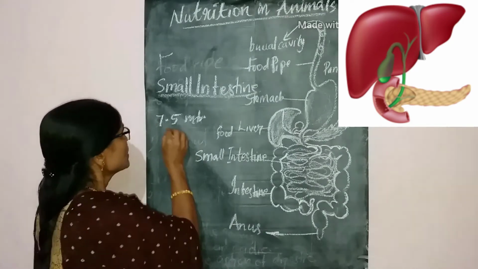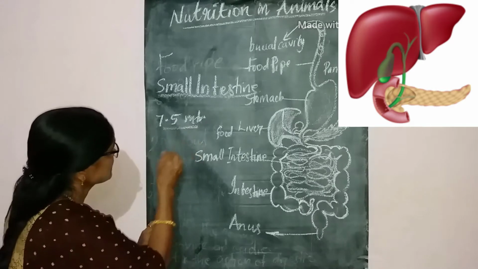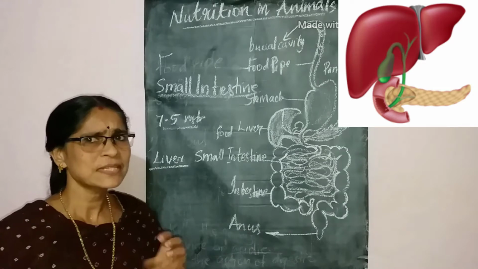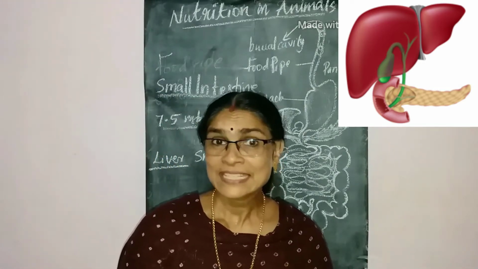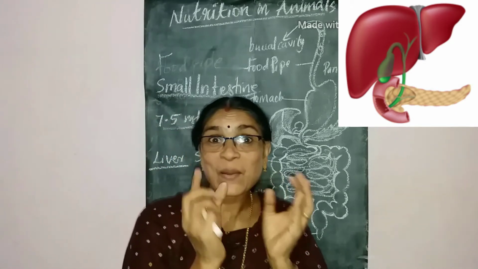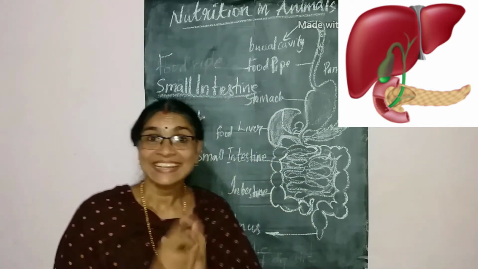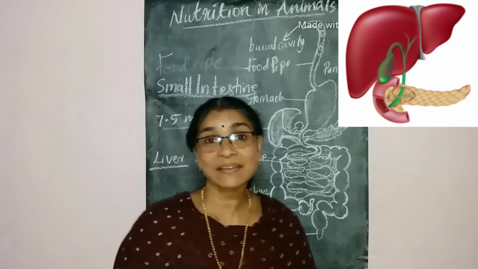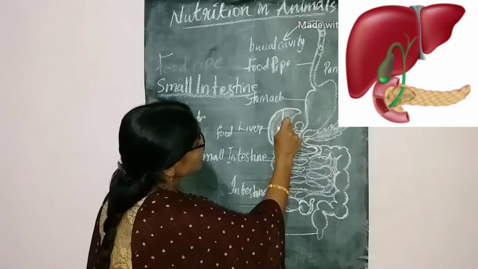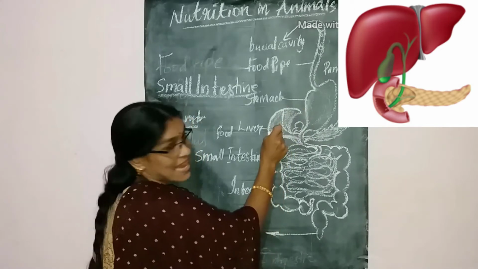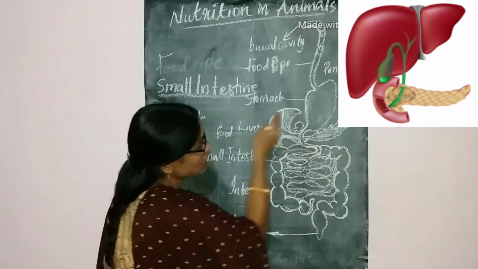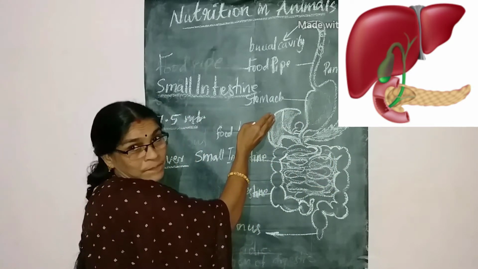Let us start. First, let us know about the liver. Did you see the liver of a chicken? A reddish brown colored gland. It is situated at the upper part of the abdomen on the right side.